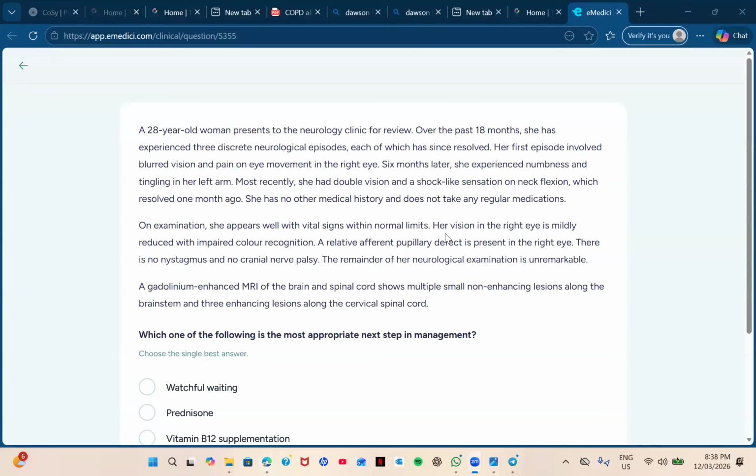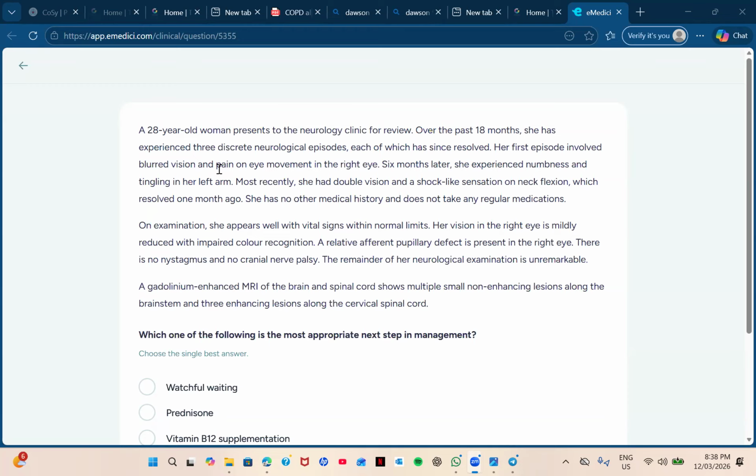Here, a 28-year-old woman, you can get an idea about this question. It's a very good question. A 28-year-old woman presents to the neurological clinic for review. Over the past 18 months, she has experienced three discrete neurological episodes, each of which has since resolved.